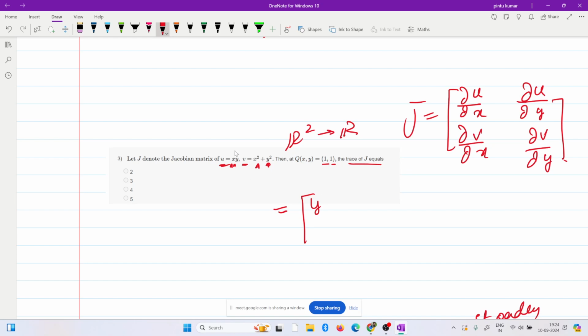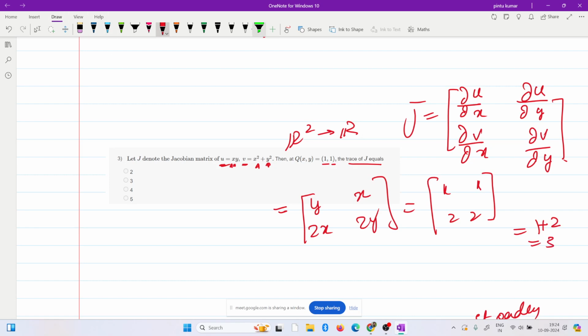If you take the partial derivative with respect to y, you will be left only with x. For x square plus y square, the derivative with respect to x is 2x, and this is 2y. At point 1, 1, the values are 1, 1, 2, 2. What is the trace? Trace is 1 plus 2, that is 3. The trace of a matrix is the sum of its diagonal entries.